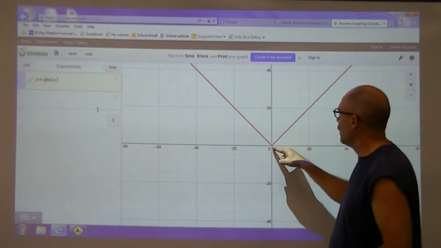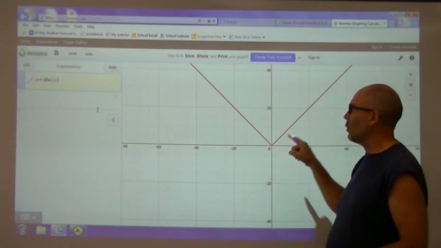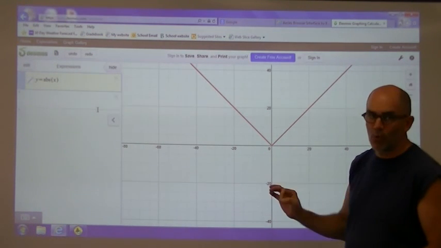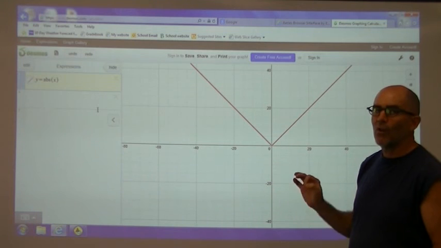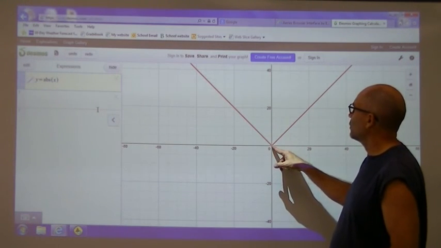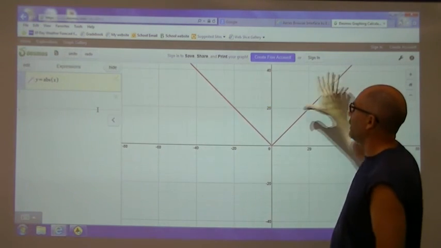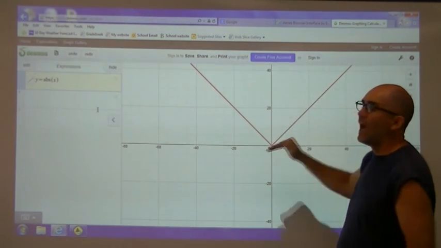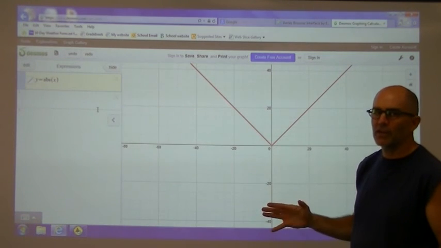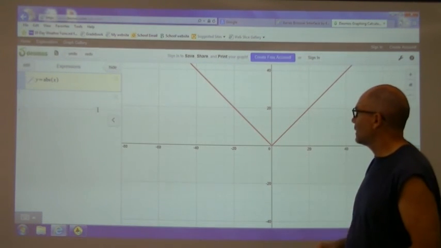But at x equals 0, we have a critical point. Now, what we do is we examine the critical point relative to any other point on this function, and the y value will be less than any other point on this function, making x equals 0 the absolute min.